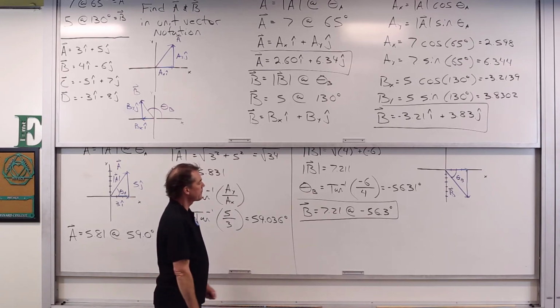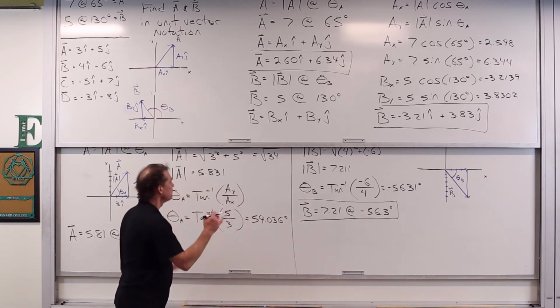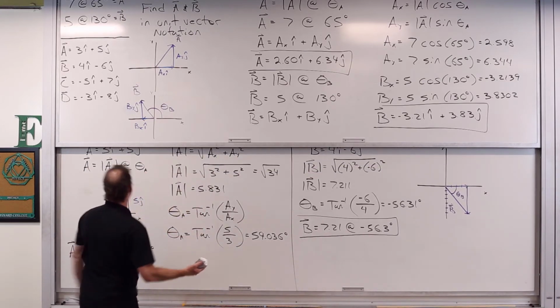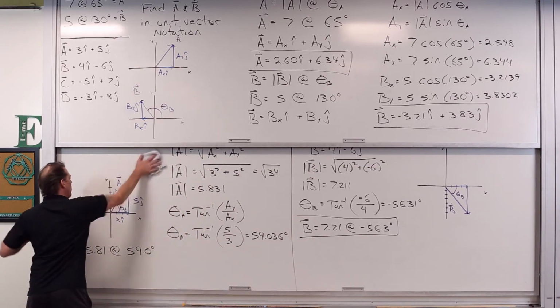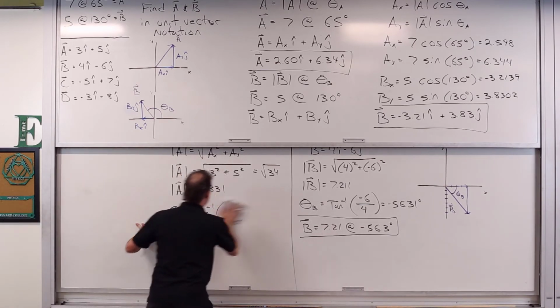Seems good, right? All right. So don't be scared of negative angles. Either's perfectly correct, negative or positive, as long as it's the right corresponding value. Of course. All right, let's do these last two, see what we've got.